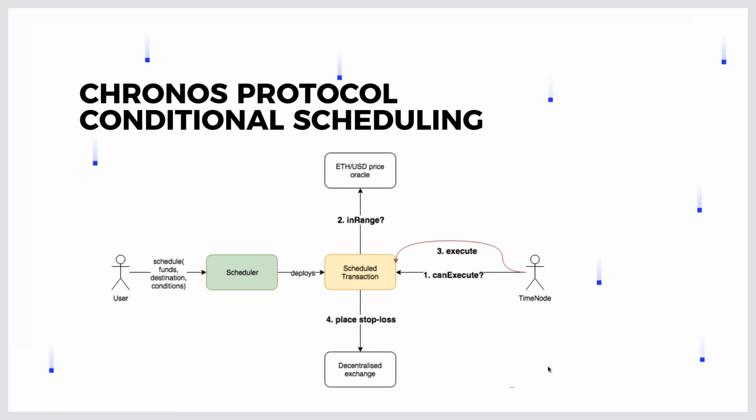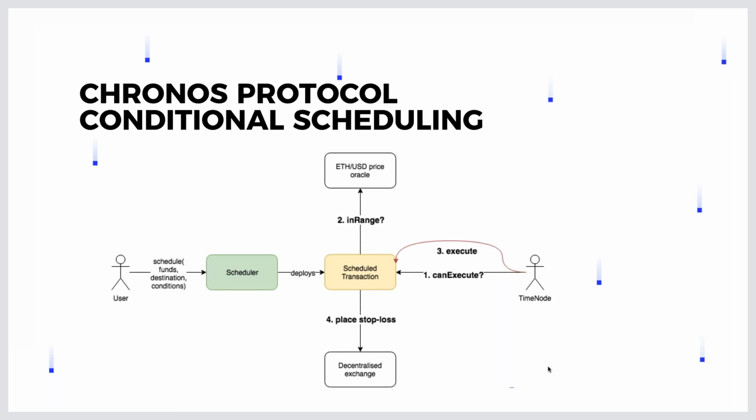If you want the transaction to be executed, you need to deliver a condition that returns true or false to the scheduled transaction, which means if the condition is true, you are allowed to execute.